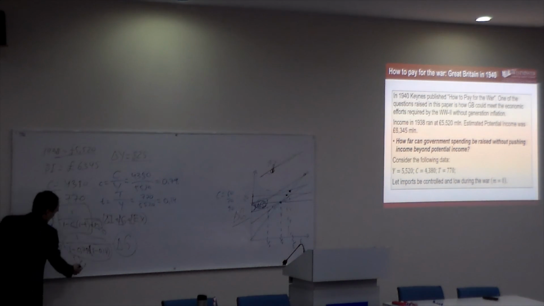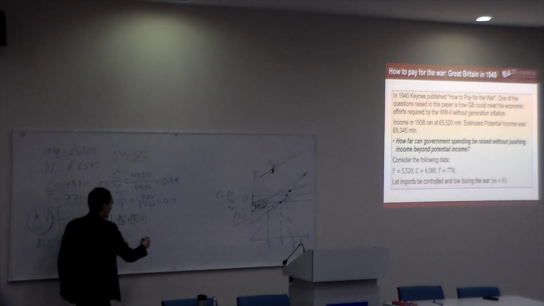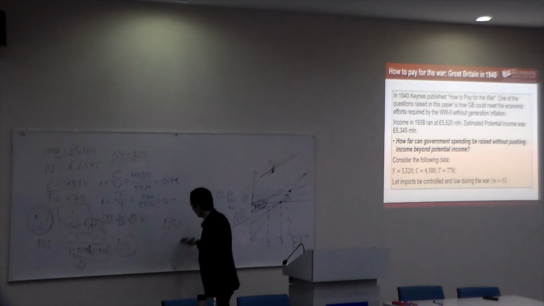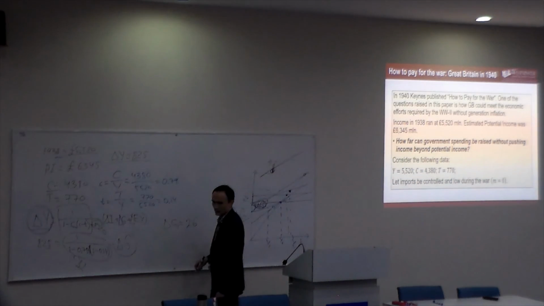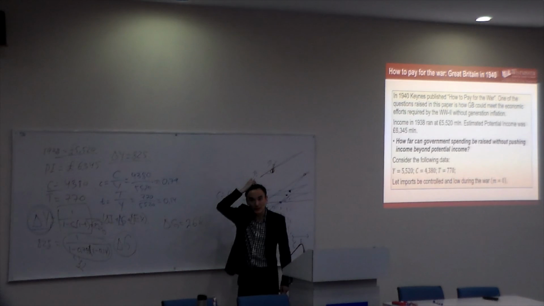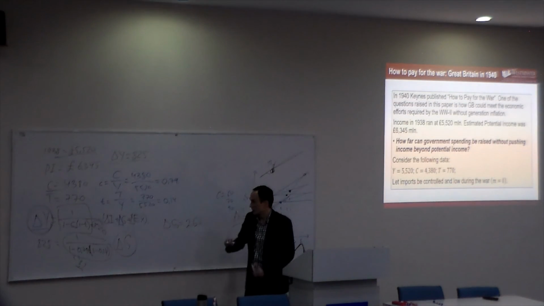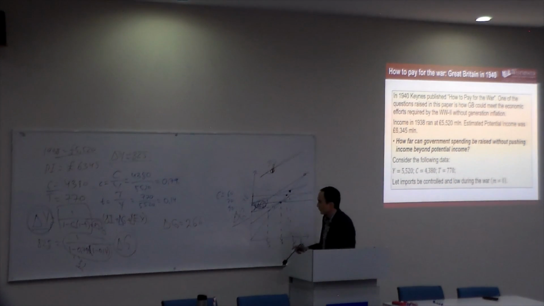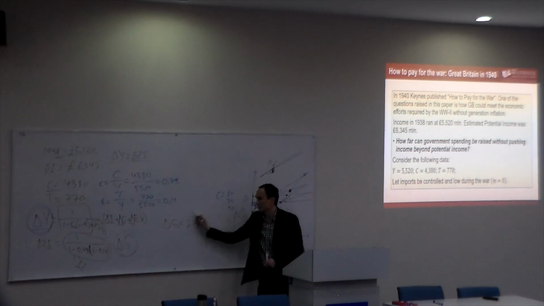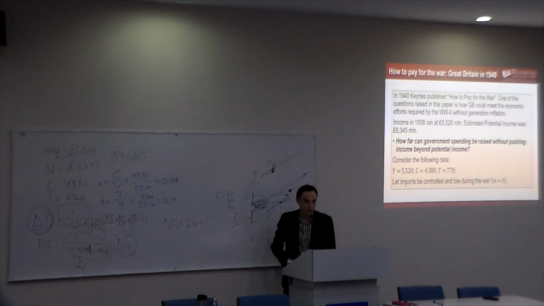If you divide by 3.1, it will give you a change in government spending equal to 266.66. Okay? Which means that the British government, in order to reach this potential level, should increase government spending by 266 million pounds.